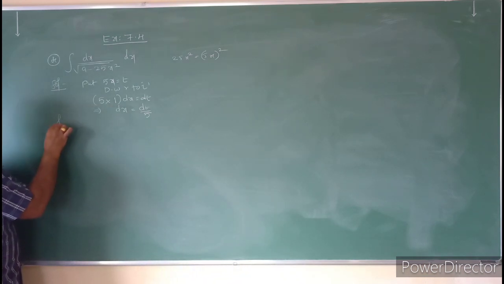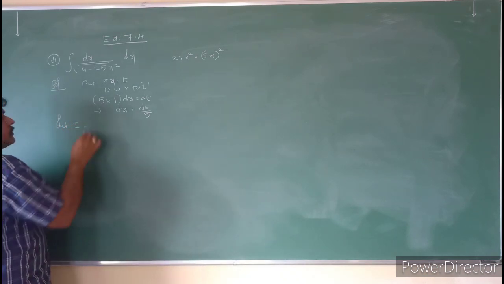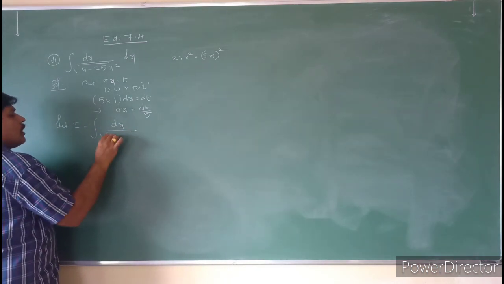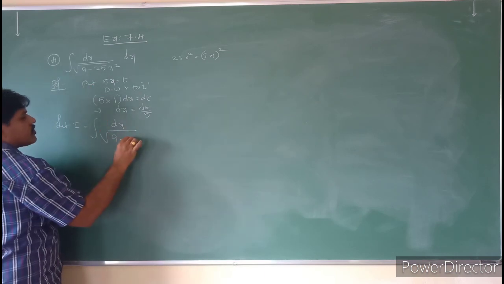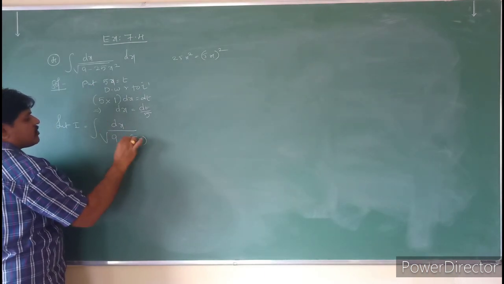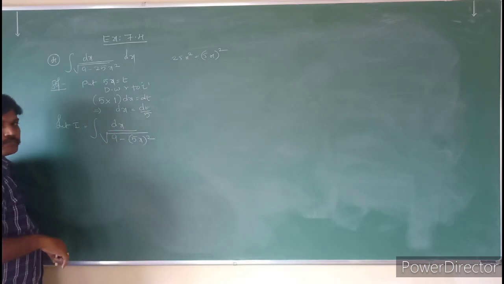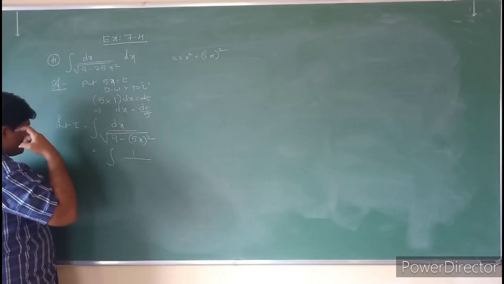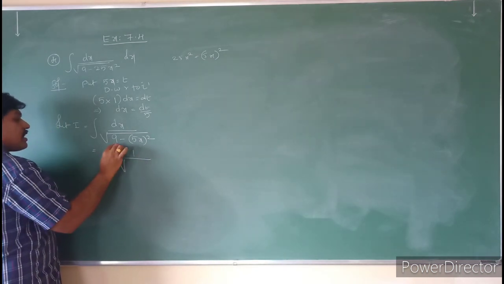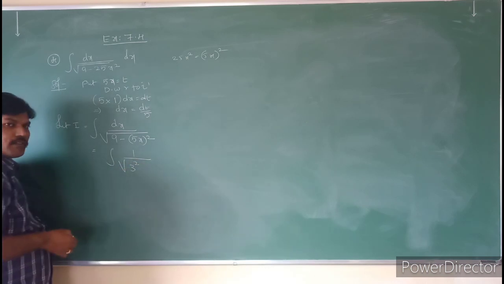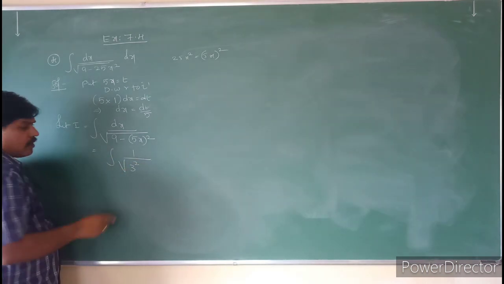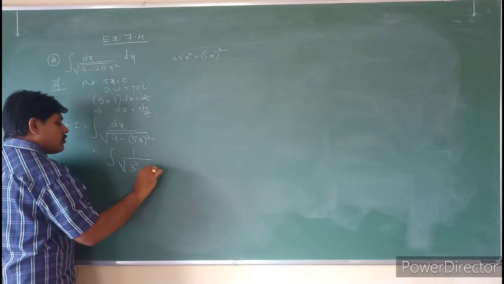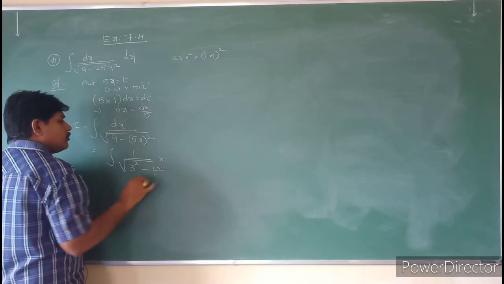So take the problem. Let I is equal to integral of dx by root of 9 minus 25x square. You can write 25x square as 5x whole square. So that is equal to integral 1 by root of, this 9 you can write as 3 square, yes or no, minus 5x, and 5x we already took as t, so it will become t square, into dx value.